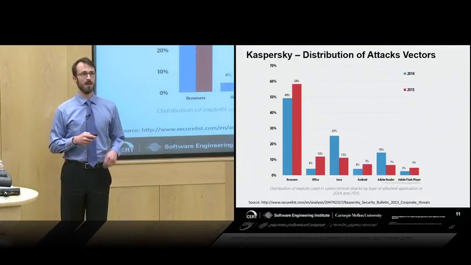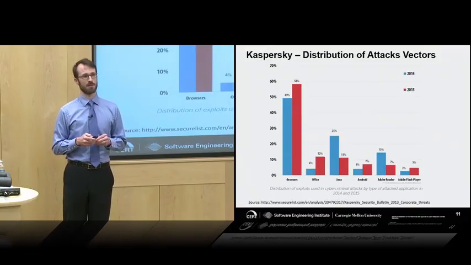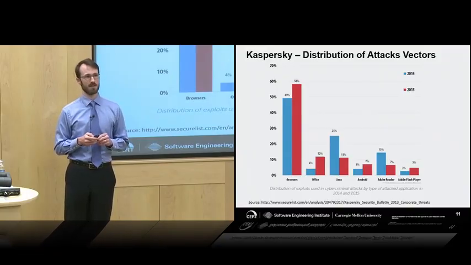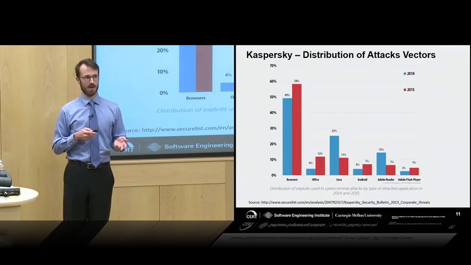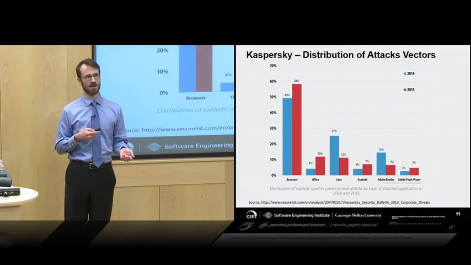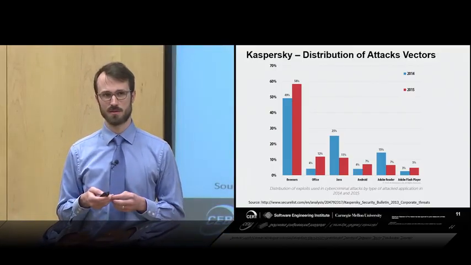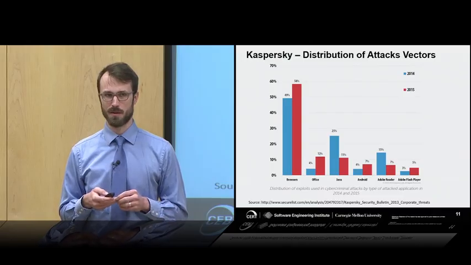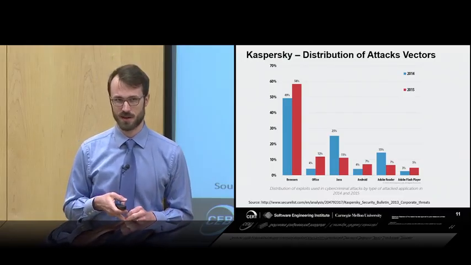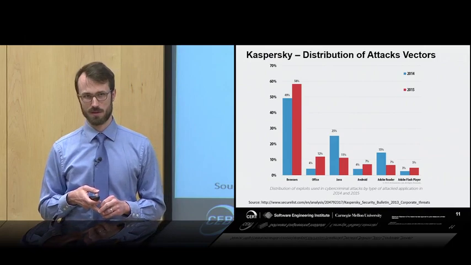So Kaspersky, they have a couple interesting graphs. This particular one I like because it lays out really clearly what is being exploited and it kind of shows you over time what's getting worse. So as we talked about before, and kind of along with CERT's findings, plugins are very popular. Java Virtual Machine is here. Adobe Flash Player is here.